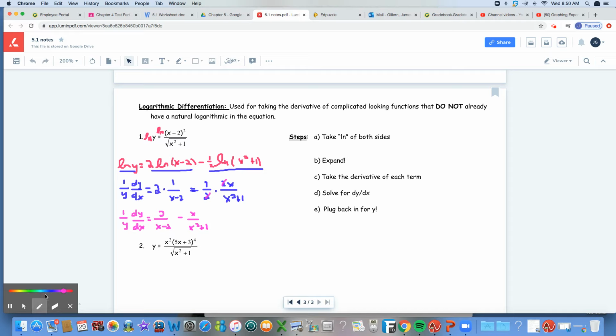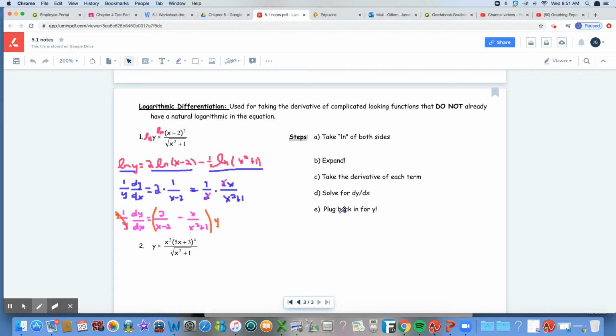Now it says to solve for dy over dx, so I need to get this by itself. What do I have to do to get rid of this 1 over y? I'm going to multiply by y, and that's going to cancel it out. So I have dy over dx equals 2 over x minus 2 minus x over x squared plus 1, times y.